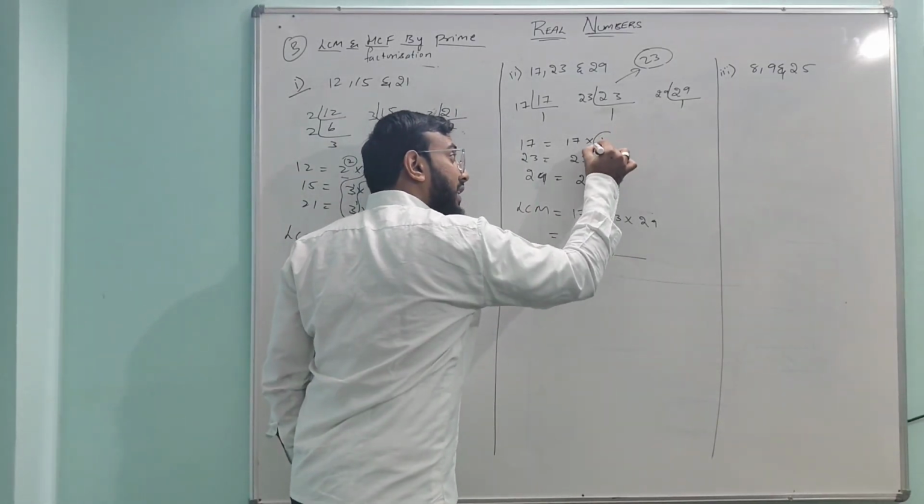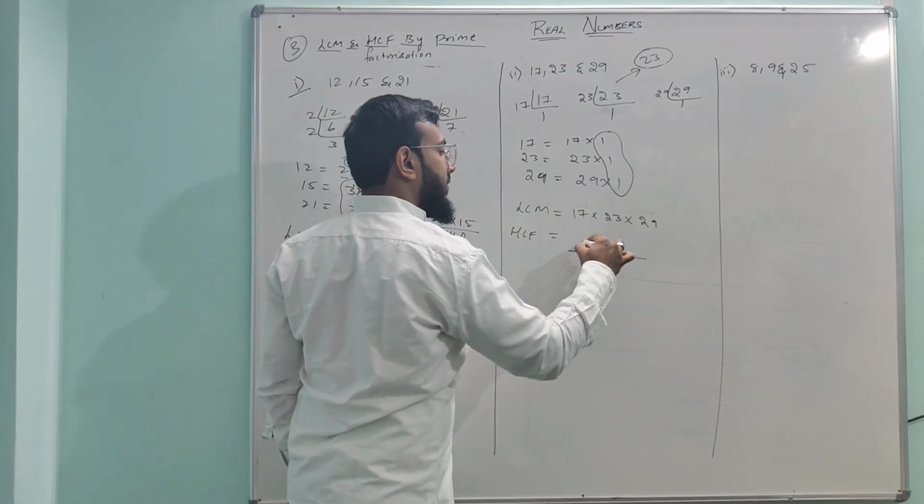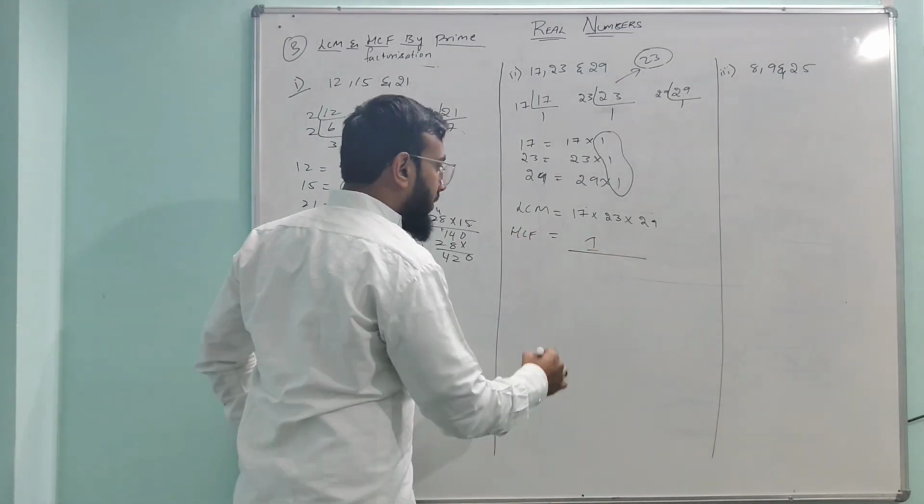What is the HCF? For nothing common anywhere, the HCF is 1. After you multiply this, what will we get?